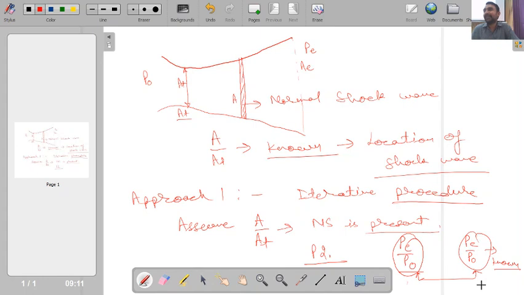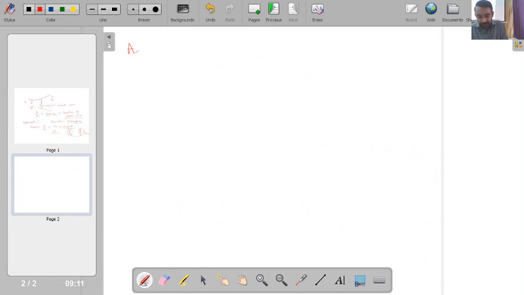Now, being an iterative procedure, it depends completely upon the initial guess, and if your initial guess is too far away from the actual value, then you have to follow too many iterations. Okay, so there is one more approach, and that is approach number 2, and that gives a more deterministic situation where we can directly predict the location of the normal shock wave first, and once we have predicted it, we can follow the remaining procedure.